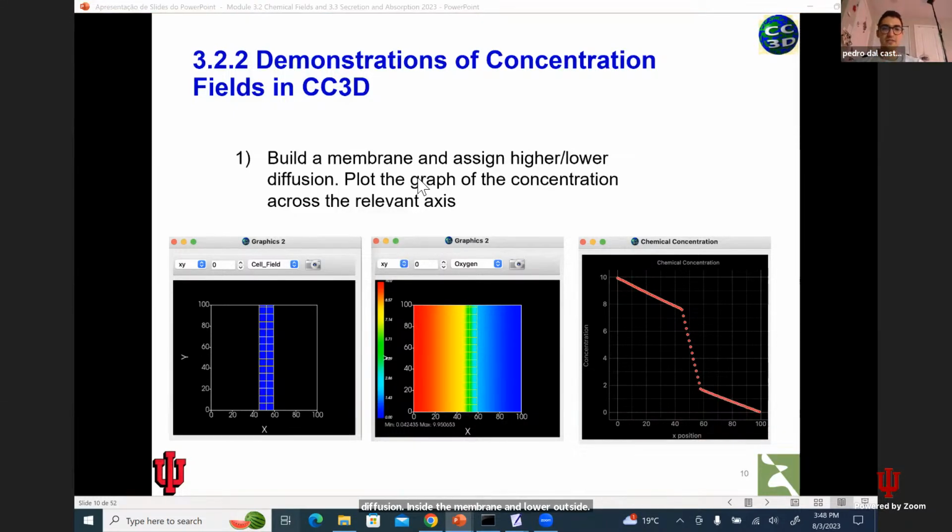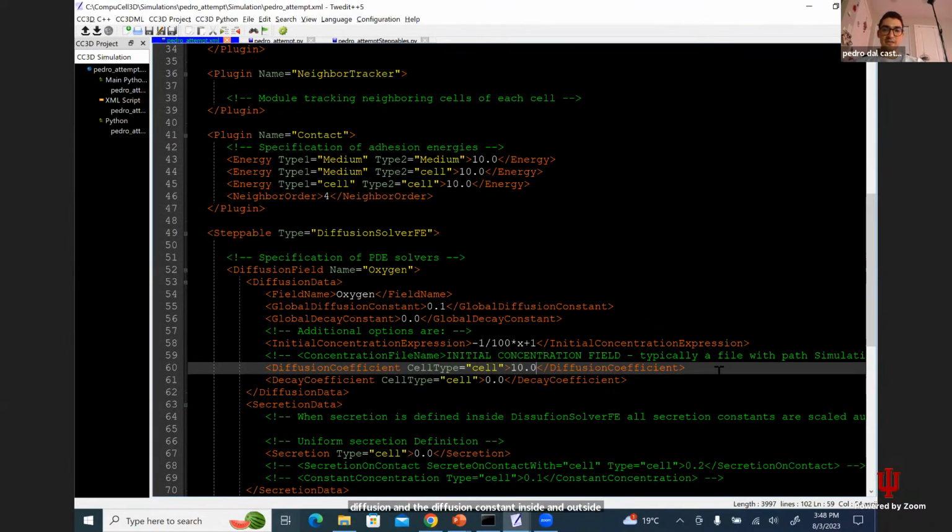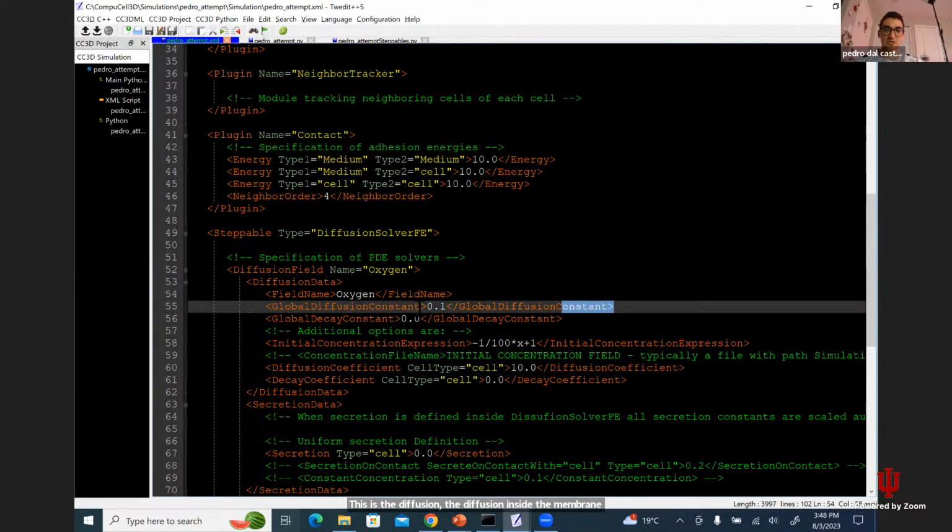Yeah, so the difference is the ratio between the diffusion constant inside and outside the membrane. This is the diffusion inside the membrane. And this is the diffusion outside the membrane. Okay? The global diffusion constant is the diffusion everywhere.